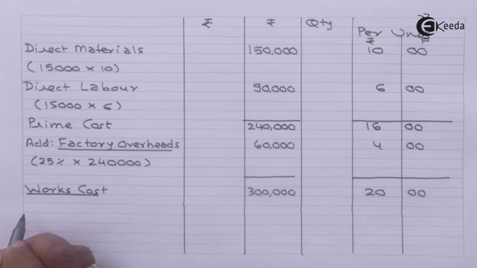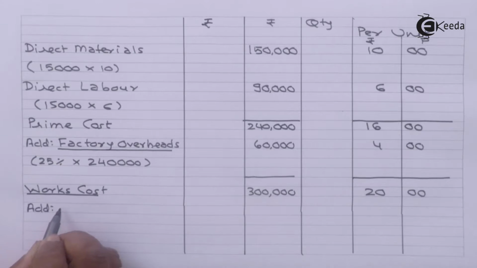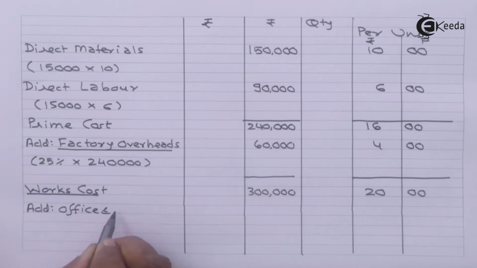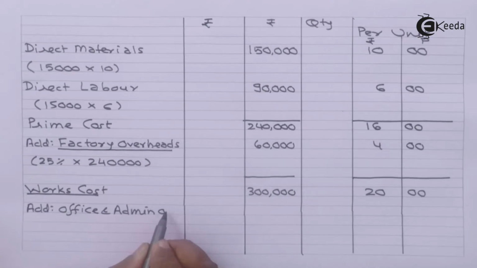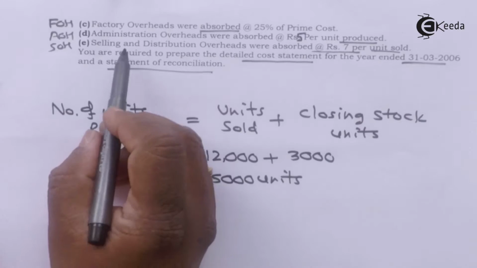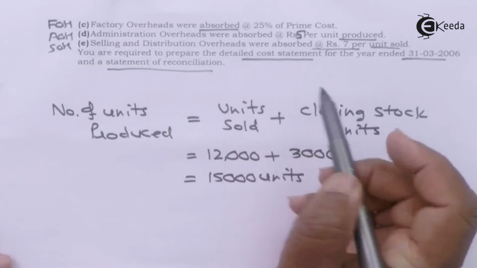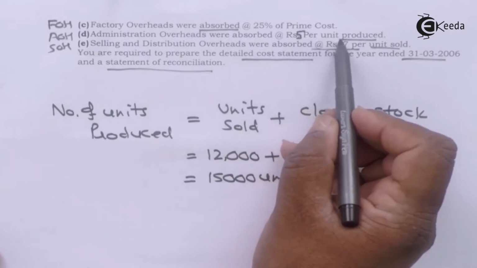To this we are going to add office and administration overheads. Administration overheads were absorbed at the rate of rupees 5 per unit produced.